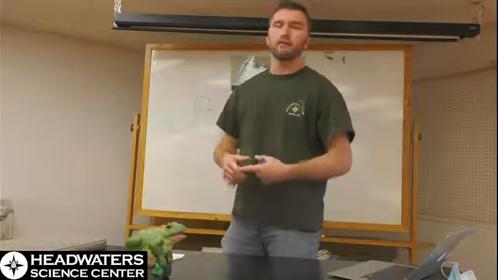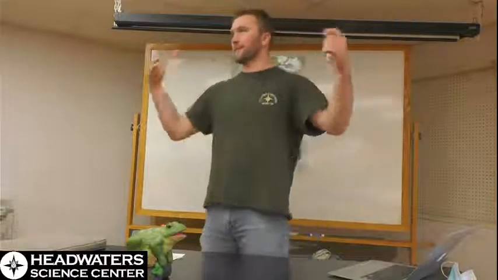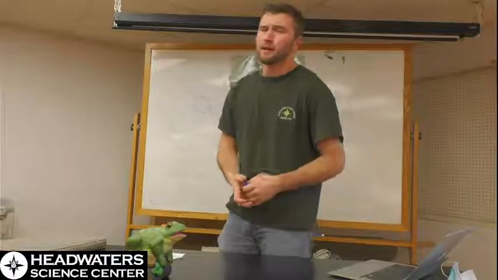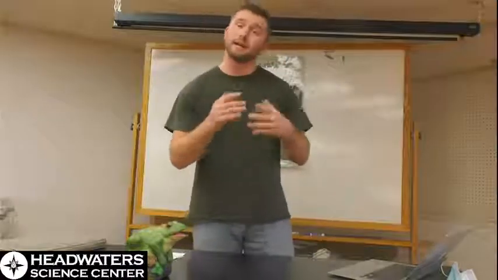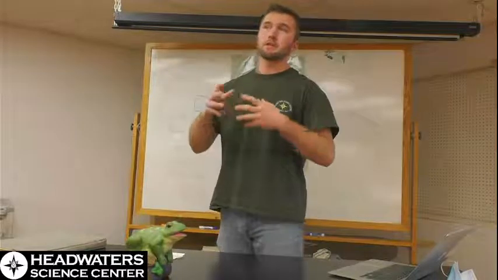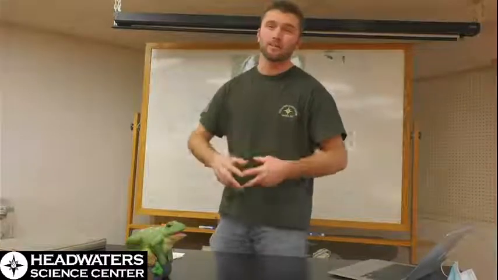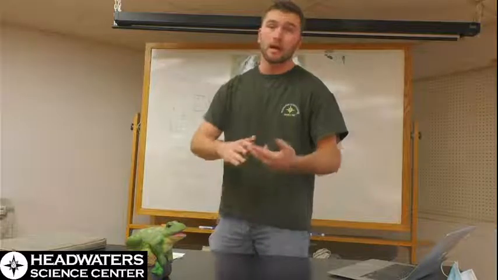So another question would be, why would we need to know how many individuals are in a population? Well, because humans have such a large impact on our surroundings, and ecology is always based on balancing an ecosystem.